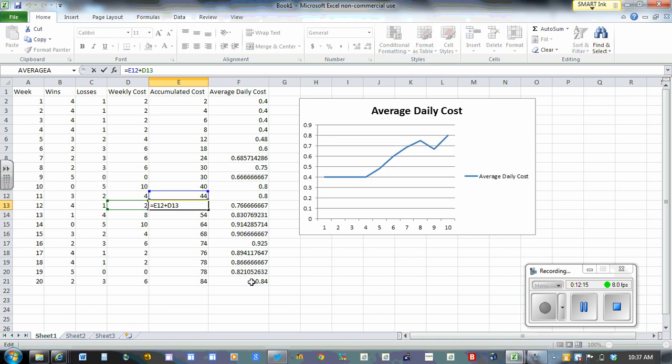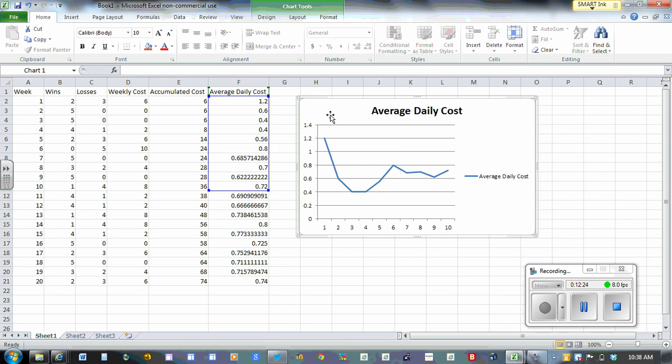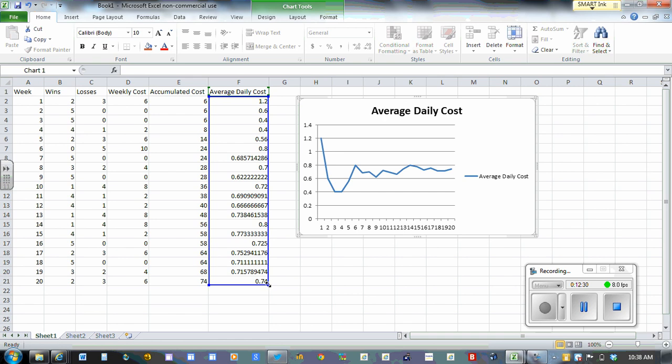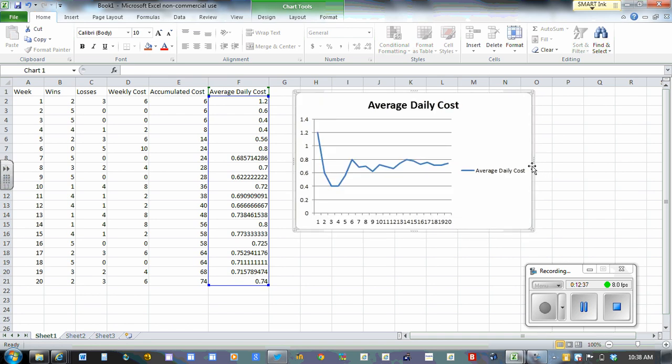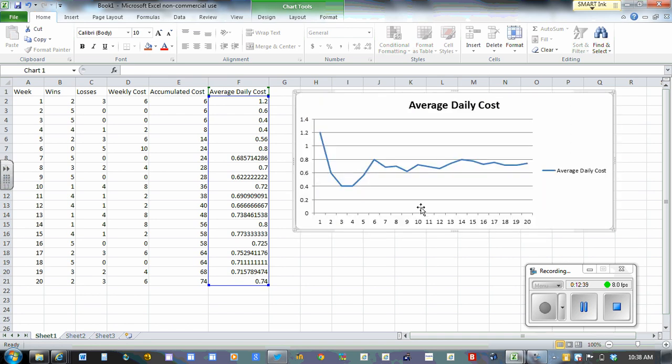Good. Now what you notice is the graph is not specific to what we have plotted. It's only showing 1 through 10. So we'll highlight the graph and extend the data that's being graphed. And you can now see that the graph is depicting exactly the trend that we had expected to see.